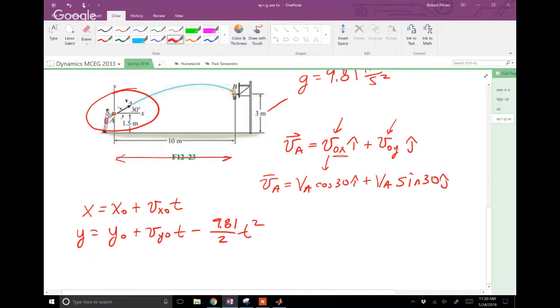So I also know it looks to me as though it's 1.5. Is that right? 1.5 and 1.5 is 3, right? So I know eventually this ball ends up at x equals 10 and y equals 1.5.